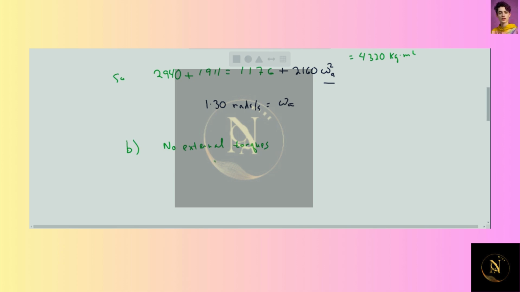But angular momentum of a rigid system is defined to be a product of the moment of inertia times the angular velocity, sort of like mass times velocity for regular momentum. So we have the moment of inertia and the angular velocity right before the collision.